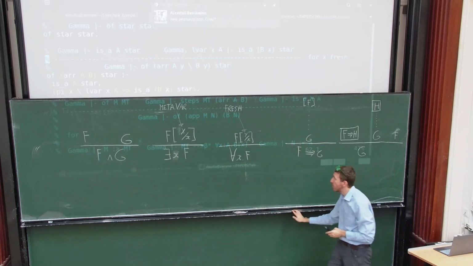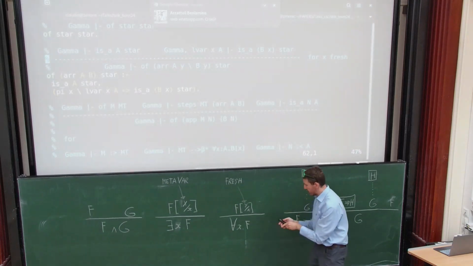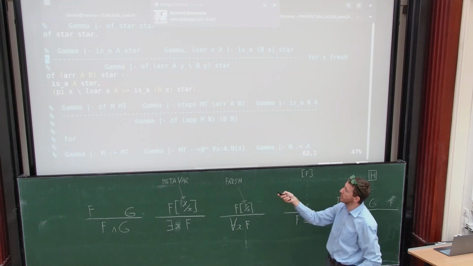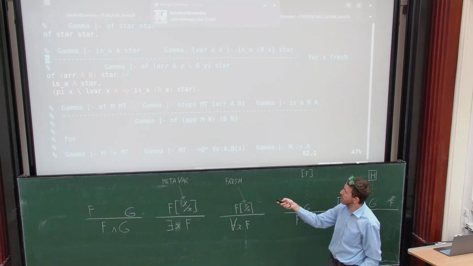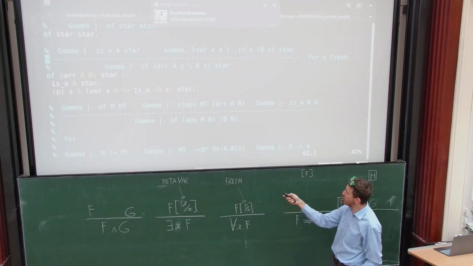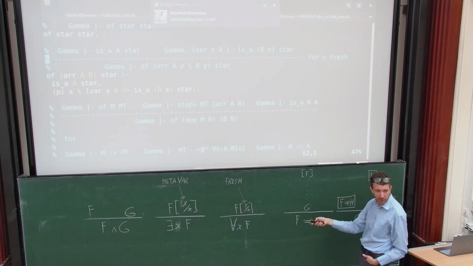So if we go back here, that's exactly what happens. If I ask the system to prove this for some concrete arguments, well, it will try to prove these two things, so it will split, and then it will try to prove this. So first, it will generate a fresh name for the introduction rule.